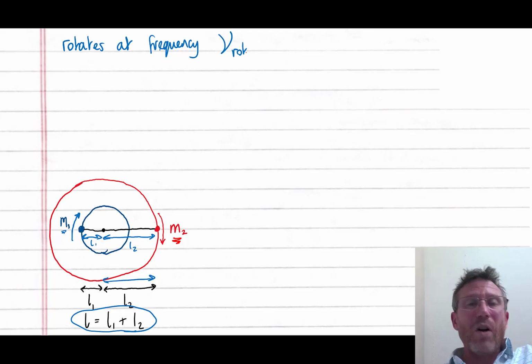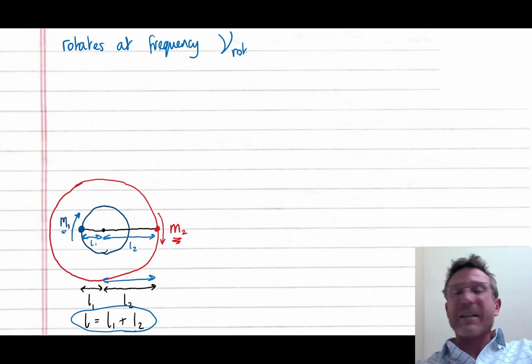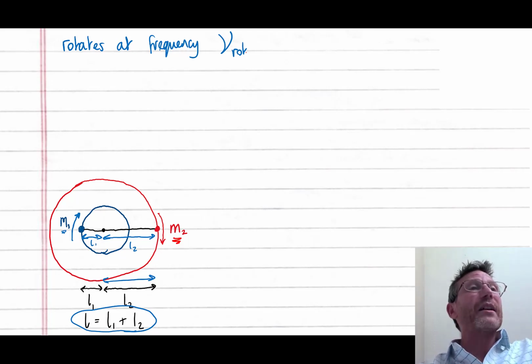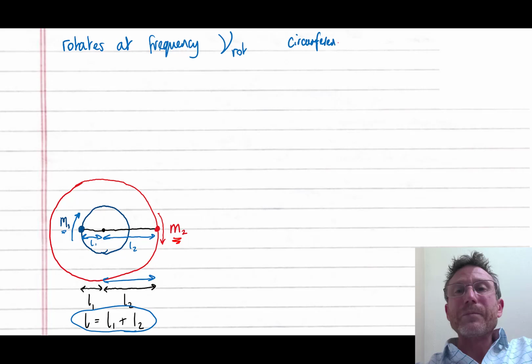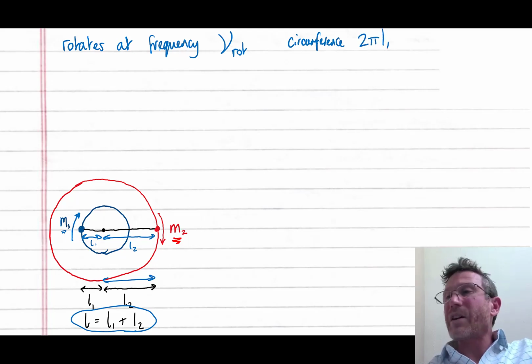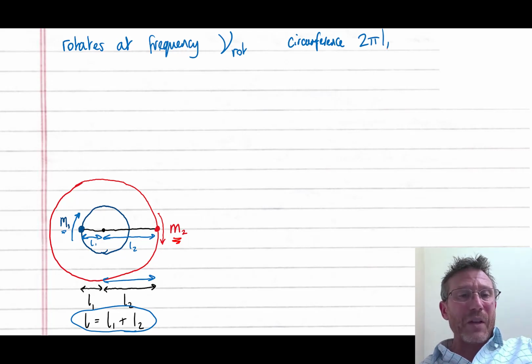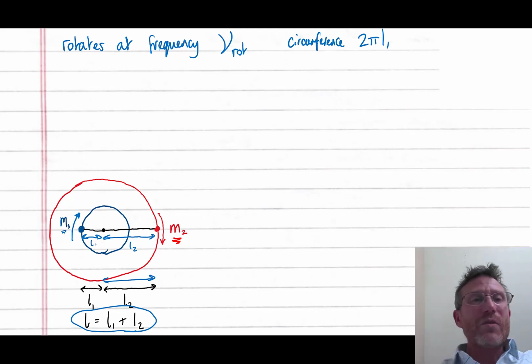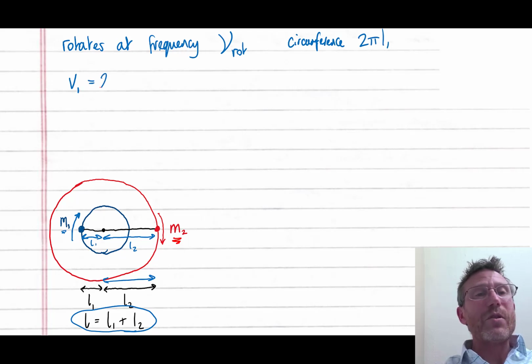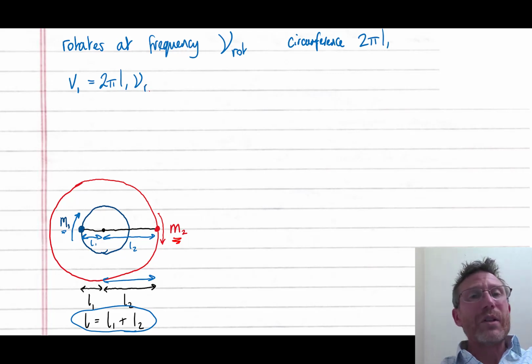Since we know what the circumference of these circles is, we can write down that the circumference is going to be 2 pi L1, for example. There's the circumference for the mass M1. Therefore, the velocity of ball M1 is equal to 2 pi L1 nu rot.